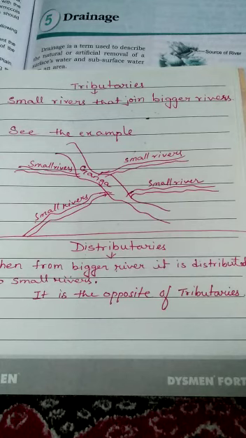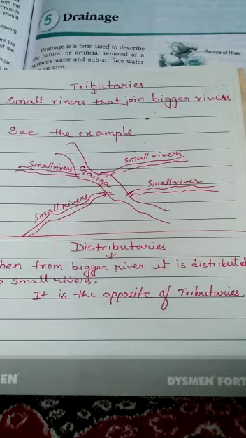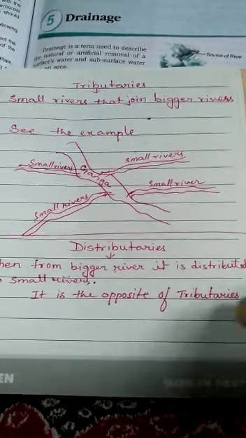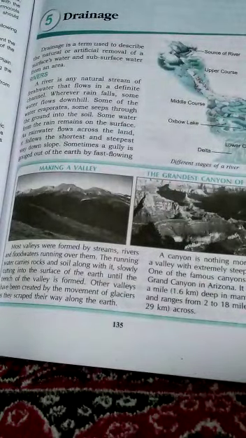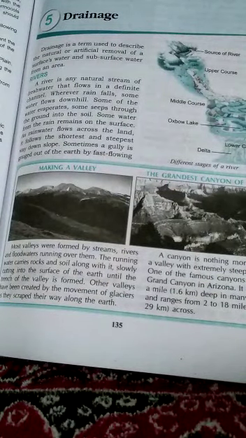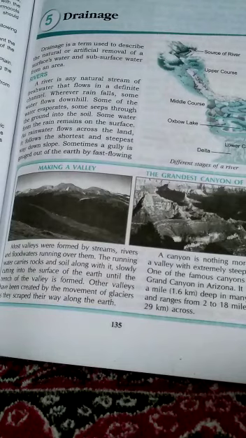Depending on the slope of land, underlying rock structure and climate of an area, the streams in a drainage basin form certain patterns. Now we'll see these patterns, which are known as drainage patterns.